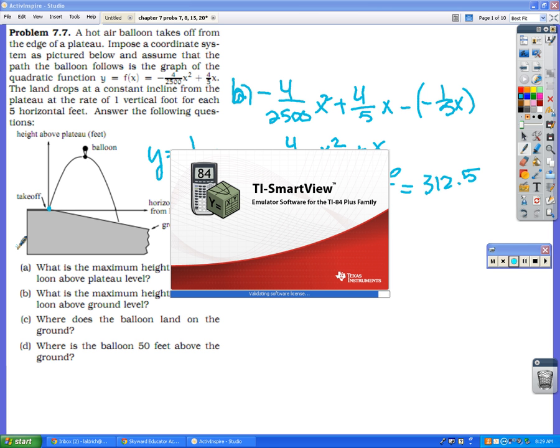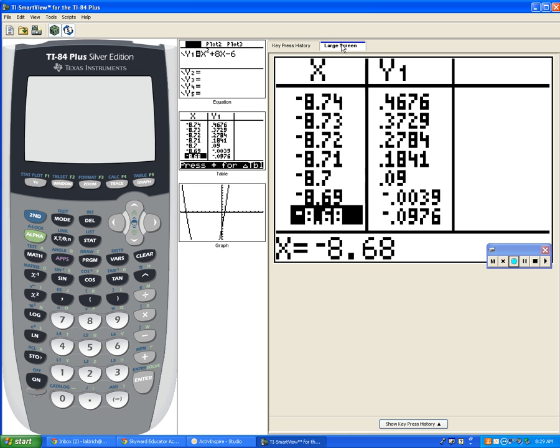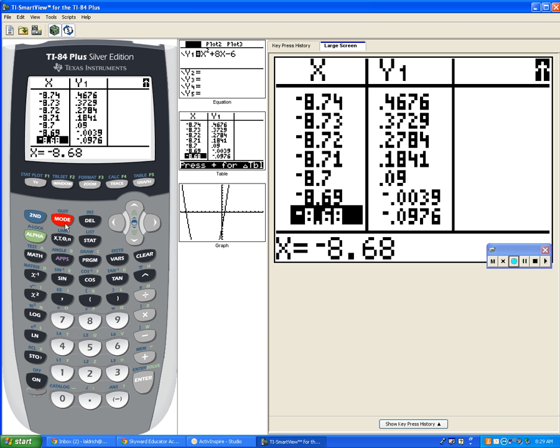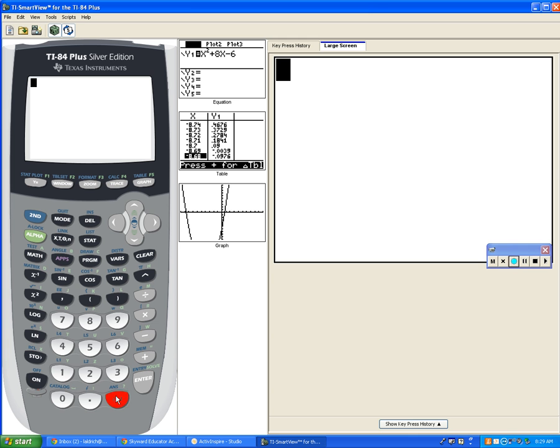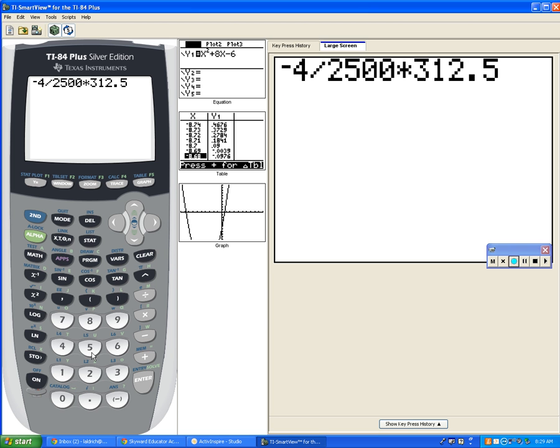So negative 4 over 2,500 times, what did we get for the x? 312.5? Times 312.5 squared. And then what came after that? Plus x?